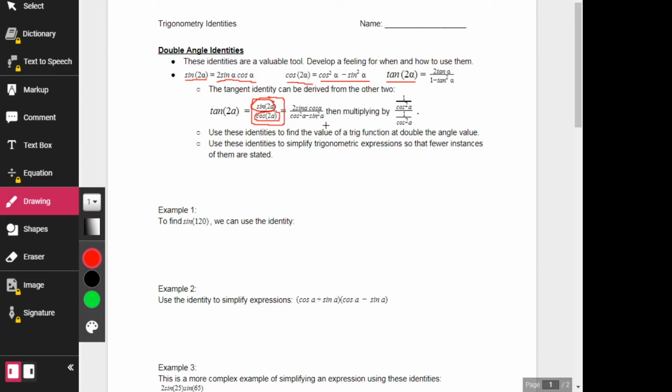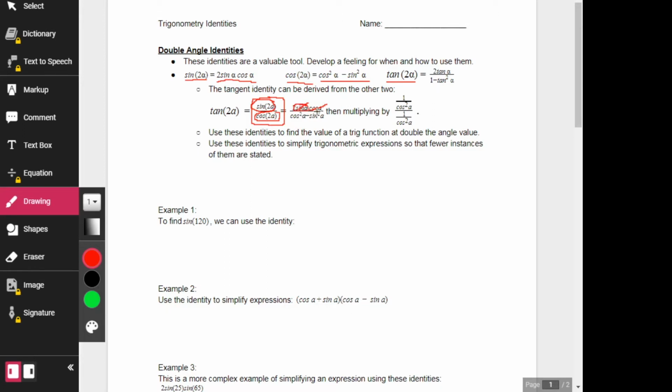So we end up with this expression, and then finally, if we divide both the numerator and the denominator by cosine squared of a, what ends up happening is in the numerator, because you're dividing by cosine, one of the cosines is going to divide out that cosine, and the other one will turn this into tangent with the sine there.